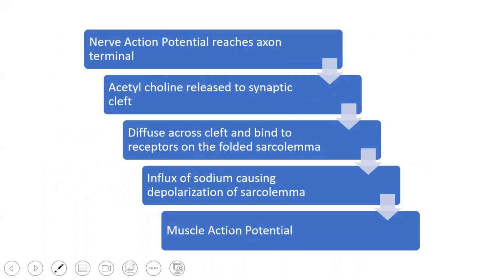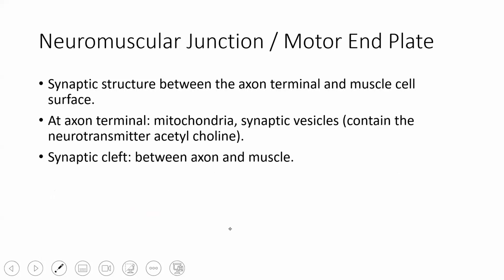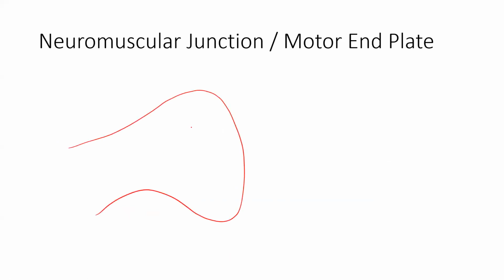Okay. So if we look at what happens at the synapse, you have the axon terminal, and these are the vesicles with acetylcholine. So the nerve impulses reach the axon terminal, and these move to the terminal end and release acetylcholine.